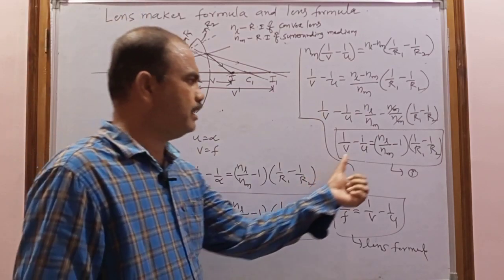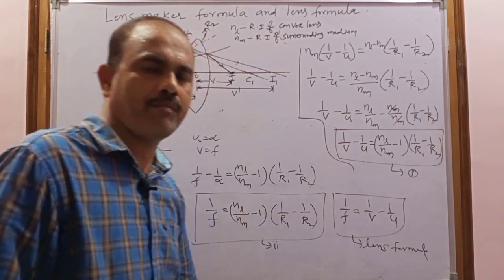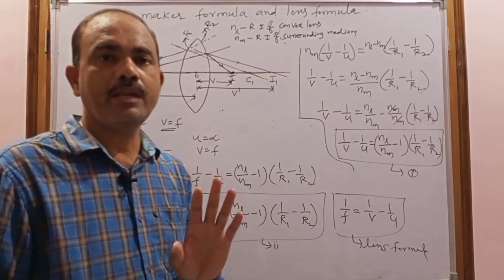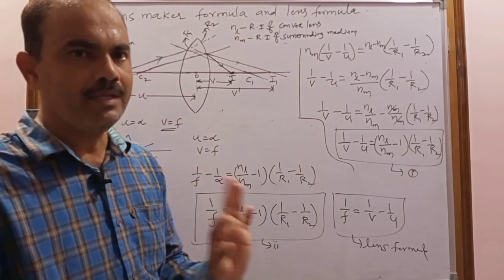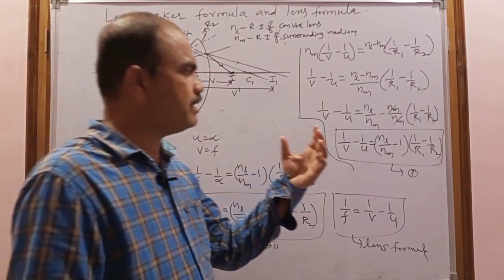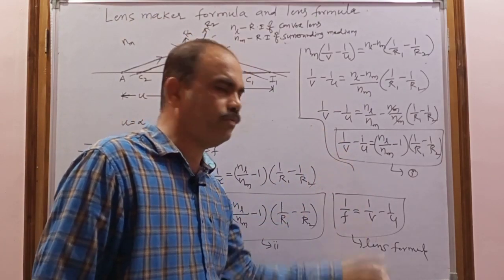But when we are using these two equations, the lens formula and lens maker formula, we have to follow the sign convention. Remember, after applying the sign convention only, we have to use these two formulas.